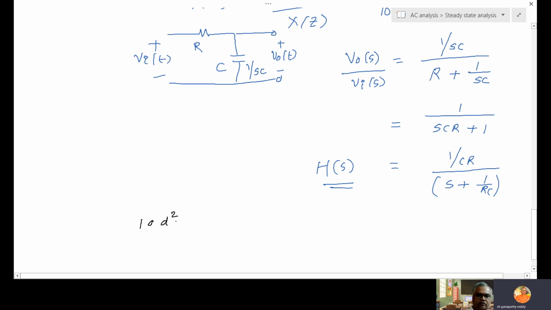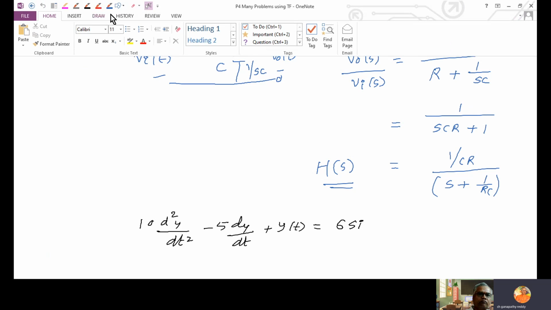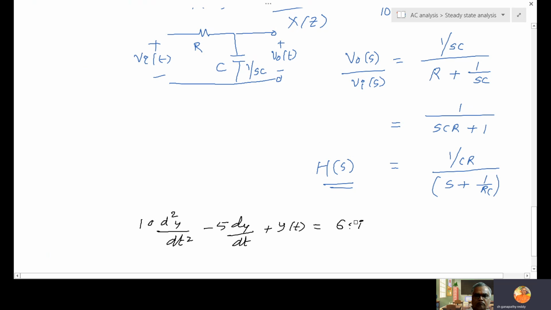Ten. d square y by dt square minus 5 dy by dt plus y of t is equal to 6x of t.